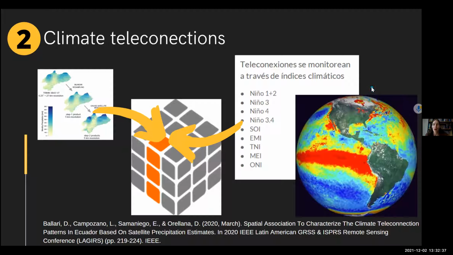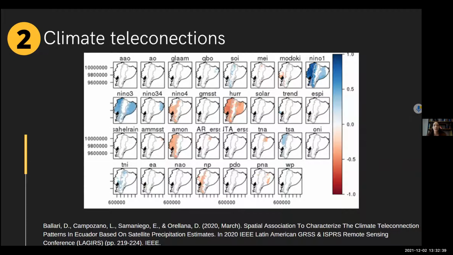As a result of this analysis, we could draw maps and delineate the spatial influence of different climate indices.